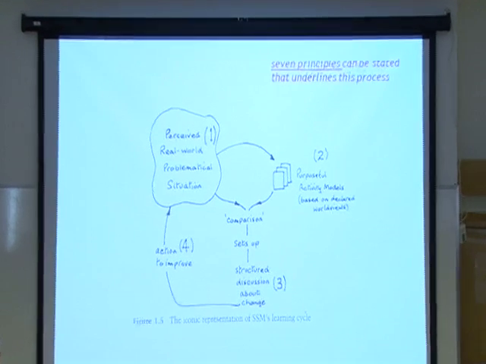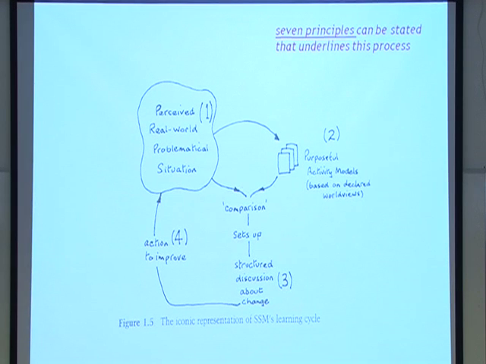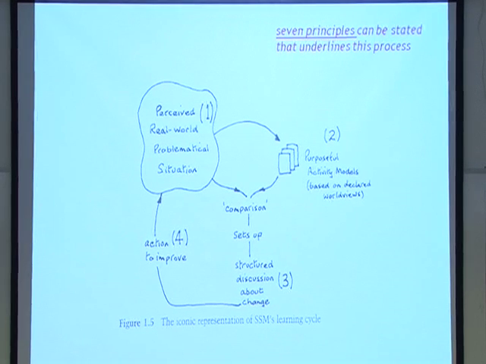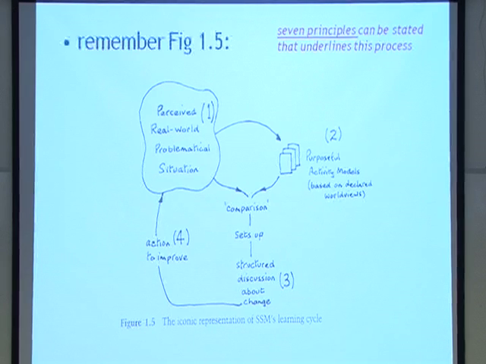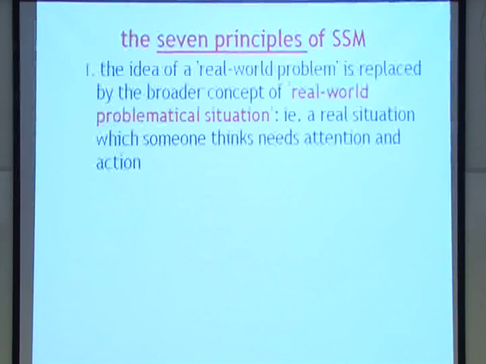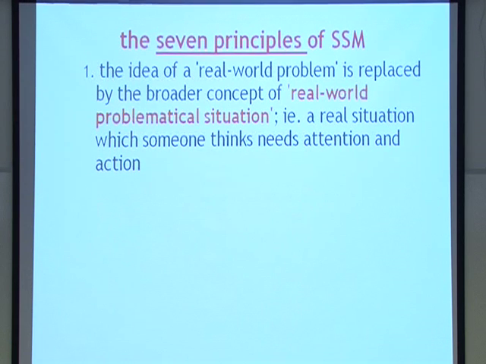Now, remembering these 4 steps, to sum up the entire SSM methodology, we present 7 principles that can be stated to underline the process, the methodology of SSM. These are numbered from 1 to 7. These are what we already know, but we are just reiterating them and summarizing and rounding up the entire description of SSM.